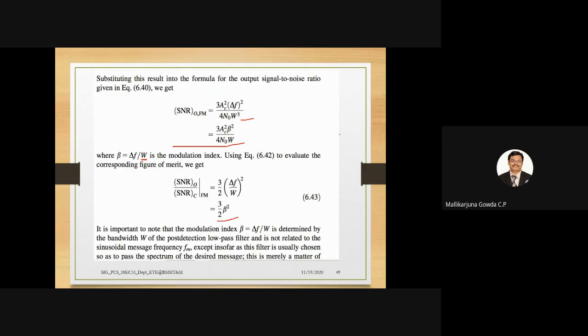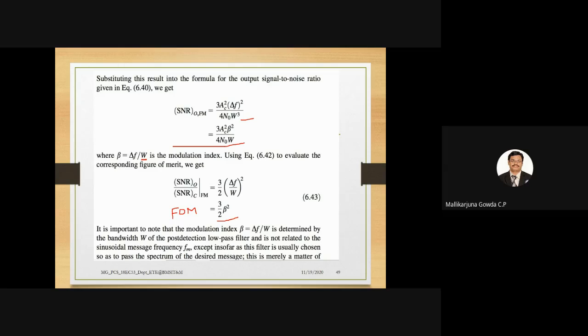So this is the figure of merit for FM receiver when the message signal or modulating signal is a sinusoidal signal. So it will be what? 3 by 2 means what? It is 1.5, right? So 1.5 times the beta square.